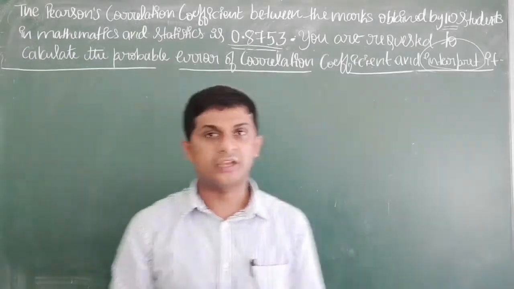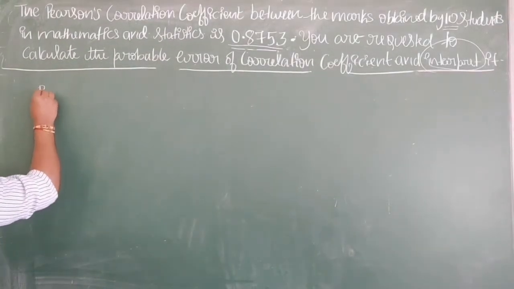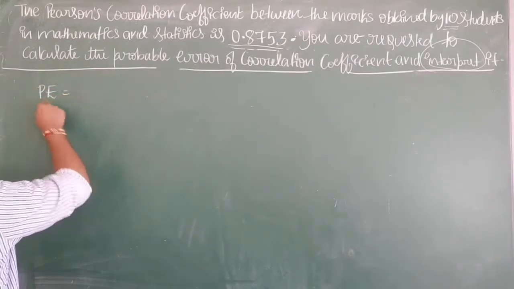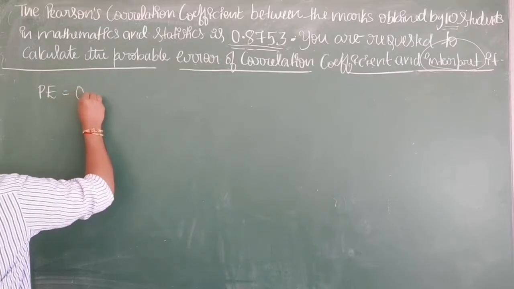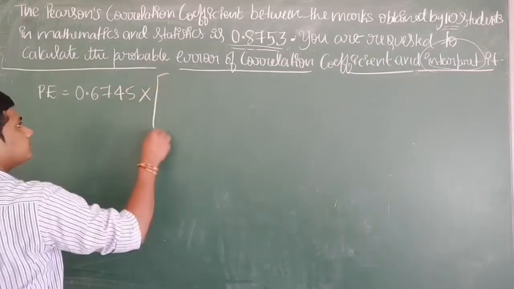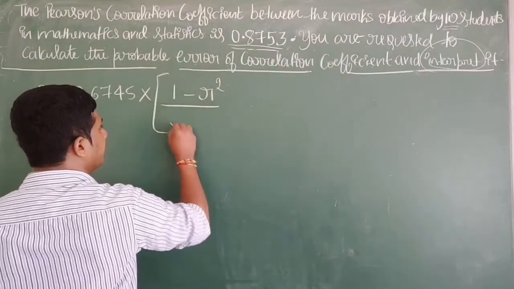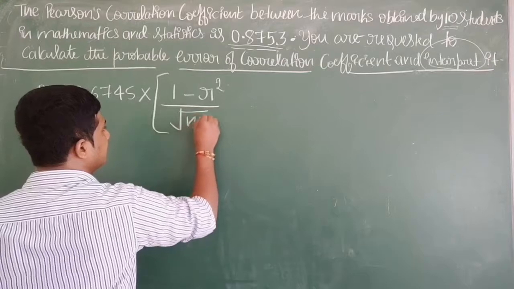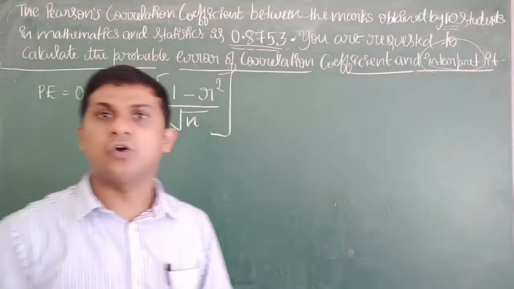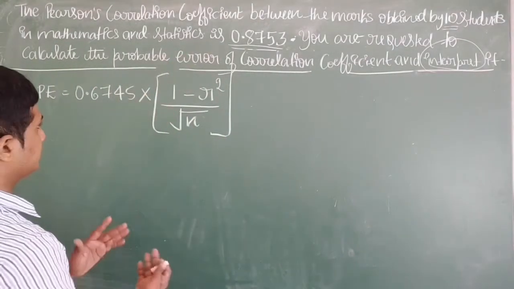Now let us see how to calculate its value. I discussed the equation in the previous video, according to which probable error is equal to 0.6745 into (1 minus r square) divided by root of n. This equation will give us the value of probable error. Now let us see what values they have given us.